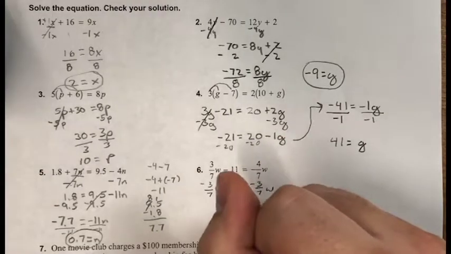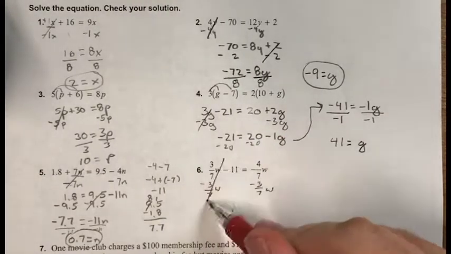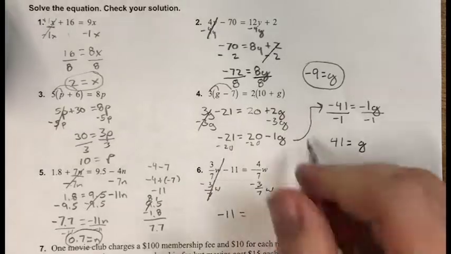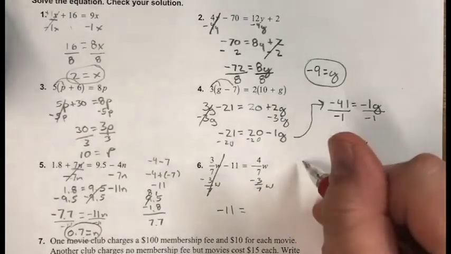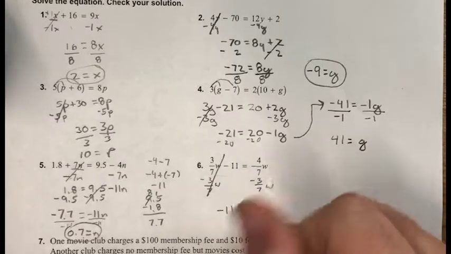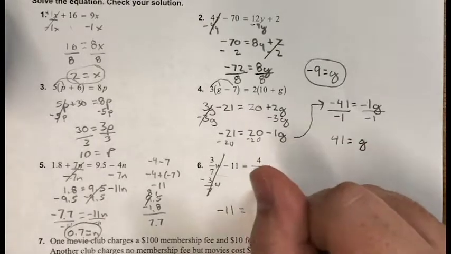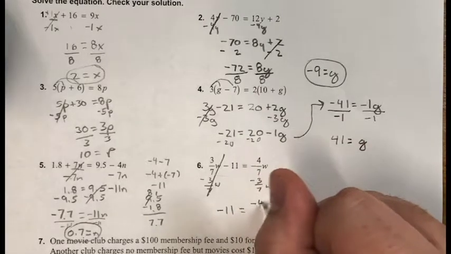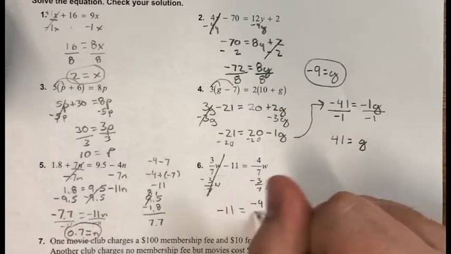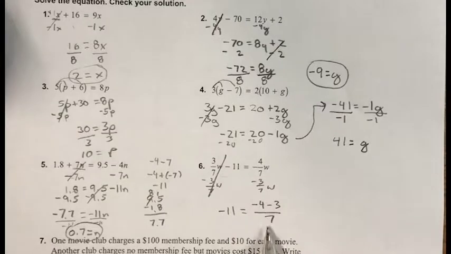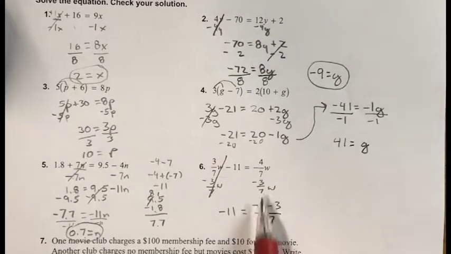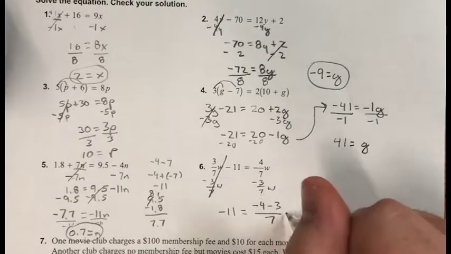That's going to give me negative 11, because this cancels out, is equal to, and I'm going to do a little bit of math over here on the side. I can say negative 4 minus 3 all over 7, because I have negative 4/7 minus 3/7, and they both have the same denominator. So I can just do that and then simply work this all the way out.